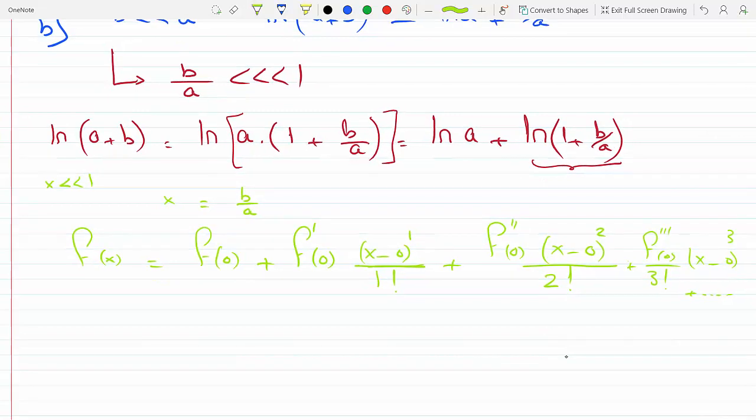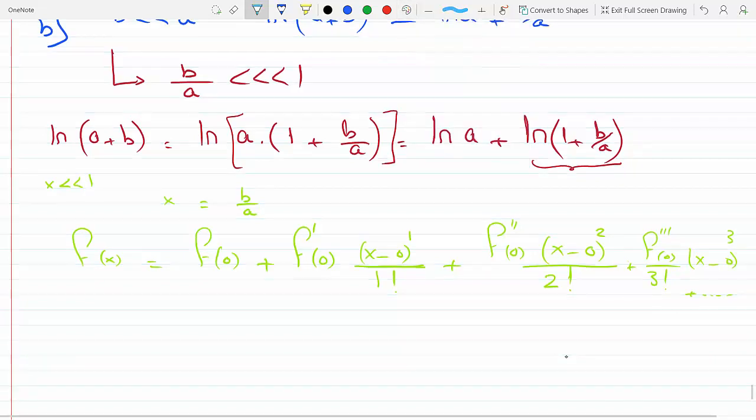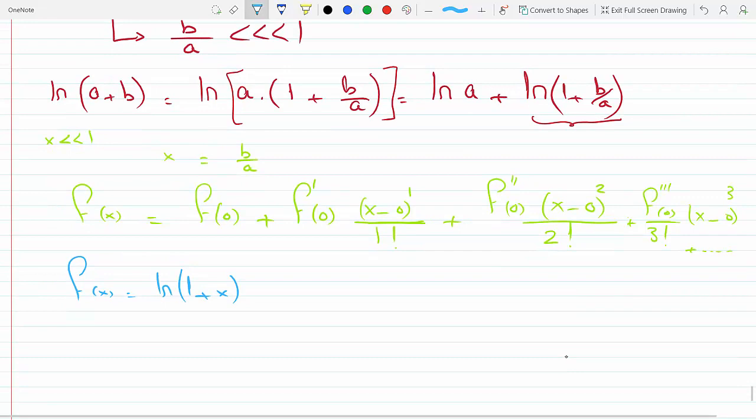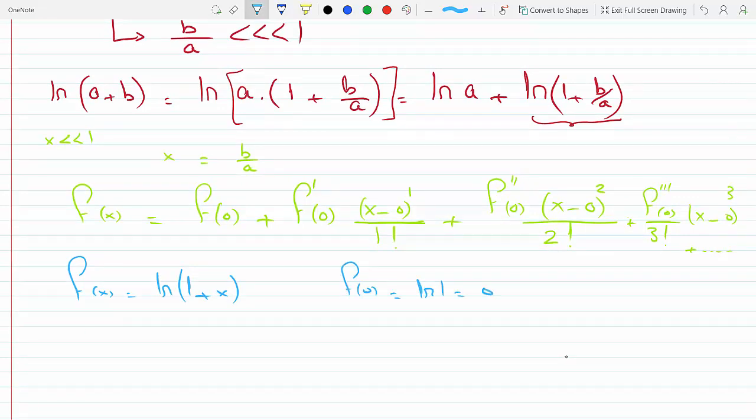Okay, so with that in mind, in this case we have ln, right? If we apply this to our case, we know that f of x is equal to ln 1 plus x, and so f of 0, if I plug in 0, I get ln 1, which is equal to 0. f prime of x is 1 over 1 plus x, and then f prime at 0 is 1.